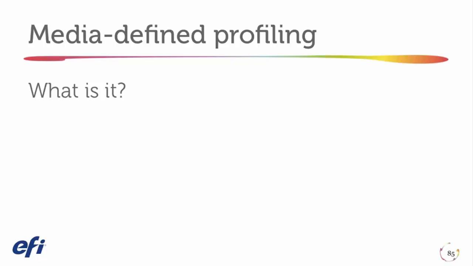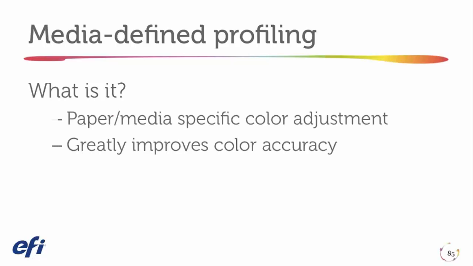So I'm going to move into a quick best practice around media-defined profiling. First of all, what is media-defined profiling? We talked about profiling being the ability to be accurate, not just consistent, but consistent and accurate. Typically, when you're doing a media-defined profile, by its very nature, you're looking at the characteristics of the paper stock that you're printing on, and you're trying to improve the quality of matching a particular color or series of colors on that paper.